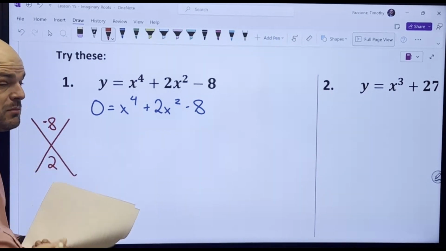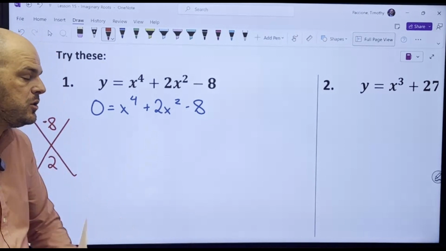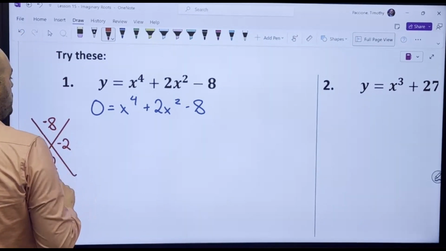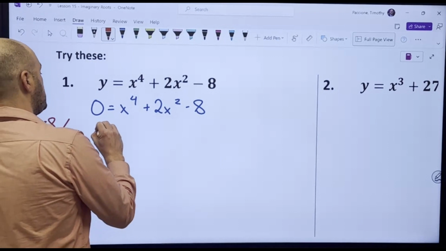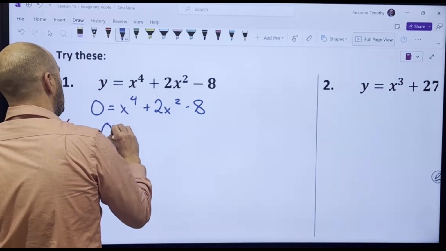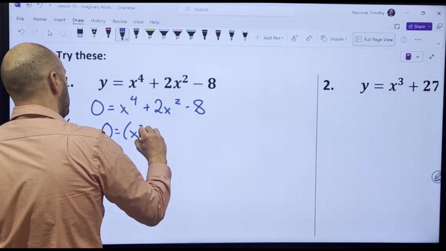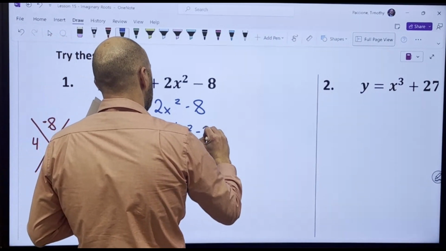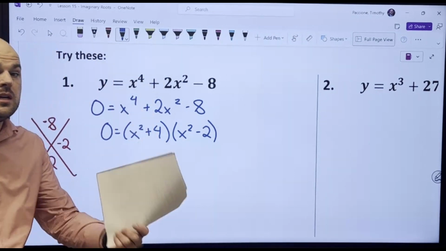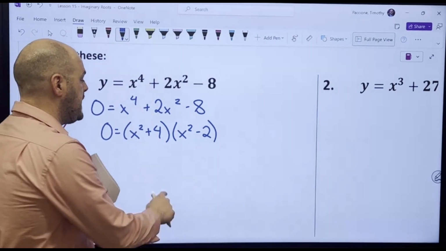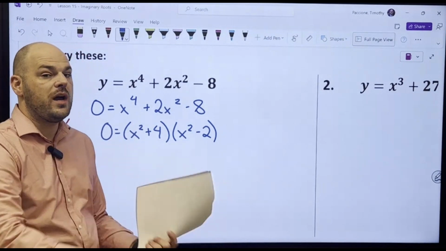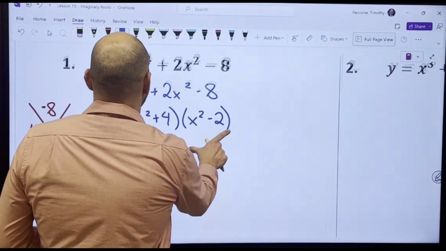So I need two numbers that multiply to give me -8, add to give me 2. That turns out to be 4 and -2. So I start to factor this. 0 equals x squared plus 4 and x squared minus 2. Okay? I've factored this as far as I can. That's non-difference of perfect squares. I can't keep going.